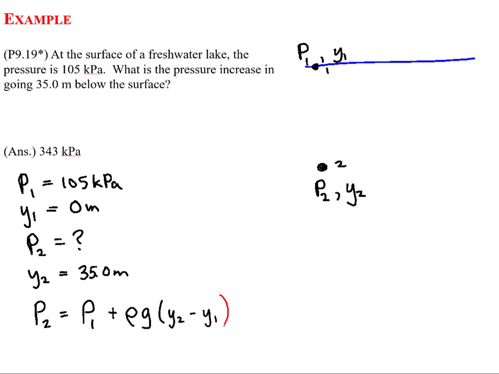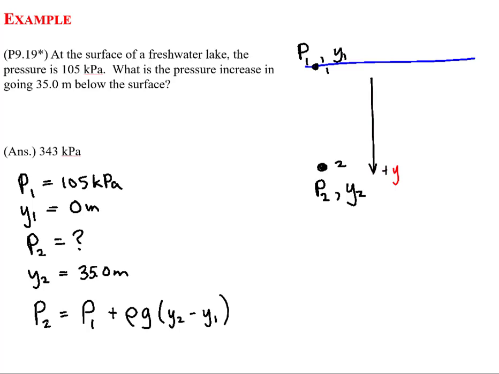Now for these static pressure problems, we should indicate the direction of the positive y-axis to be the depth. So as depth increases, the value of y increases as well.